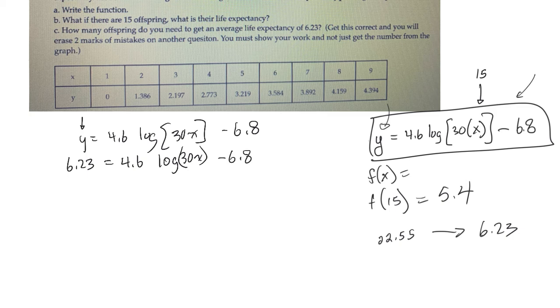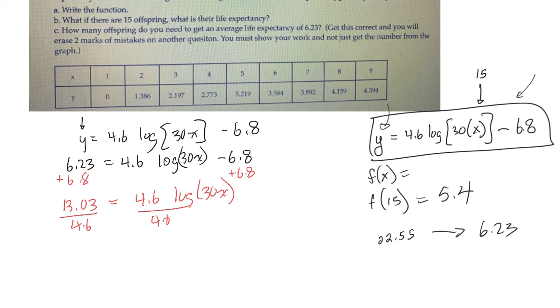First thing I'll do is add 6.8 to each side. That'll be 13.03 is equal to 4.6 log of 30x. Then I divide both sides by 4.6.